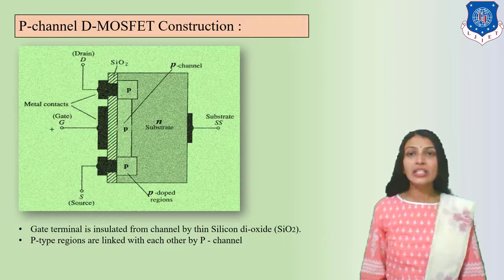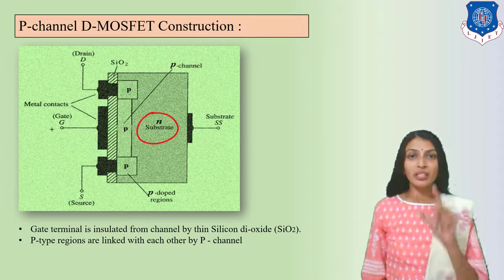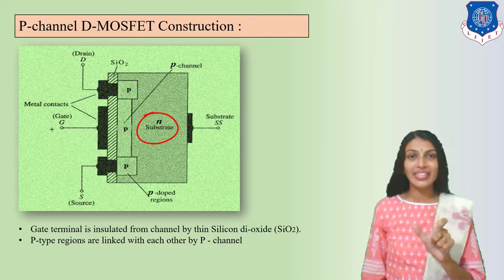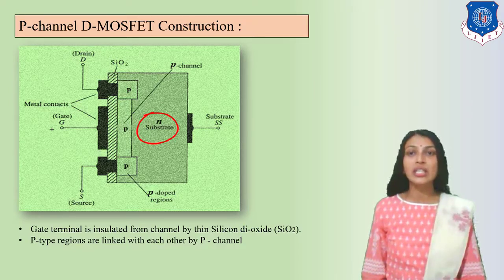So look at this, it is the construction of the P channel D MOSFET. Here you can see that we have the N type substrate, and in D MOSFET the channel is always present initially from the first. So you can see this is the main N type substrate, a material in which majority charge carriers are electrons.